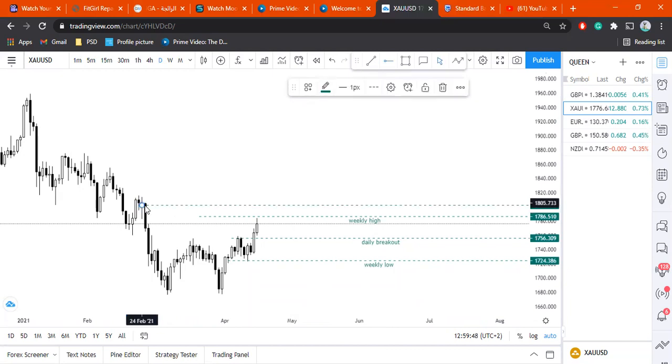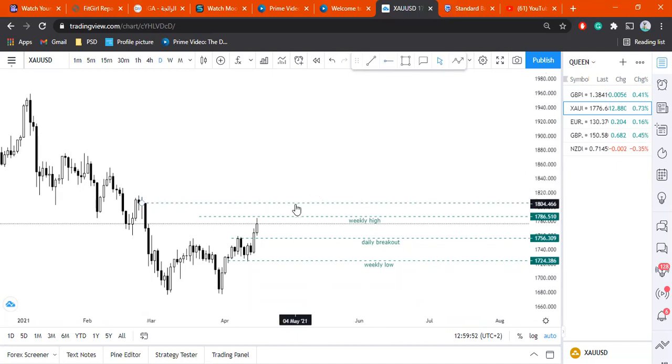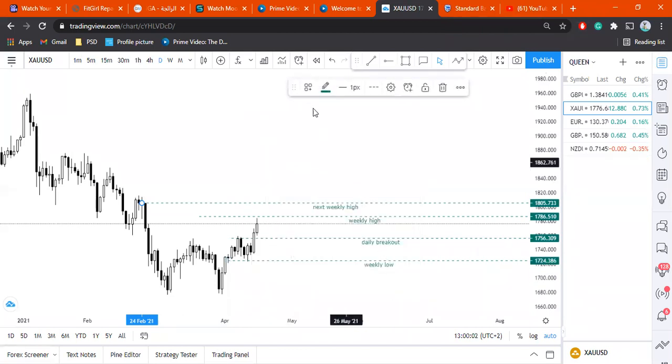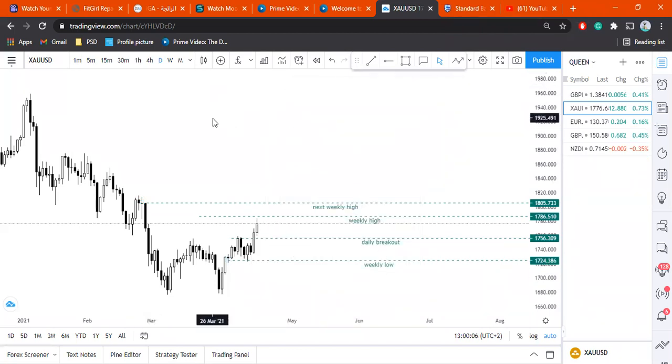So this is the high that price should hit for it to retest. So we're going to say our next weekly high, and it's also on the daily, so we're just going to say weekly high, right? That's the area that it has to hit next for price to drop, if it's going to drop.